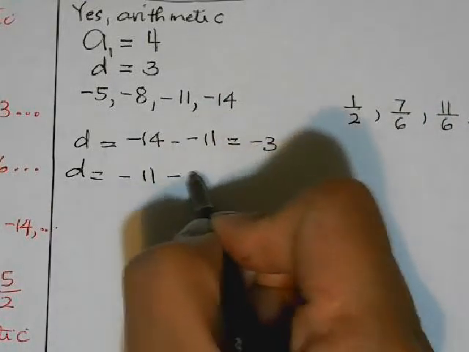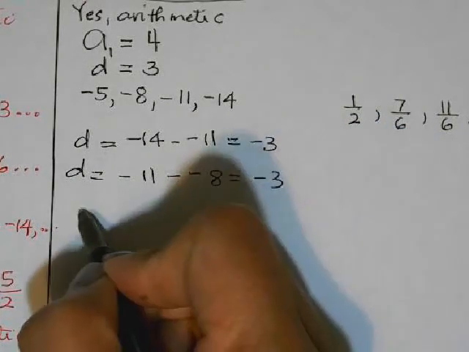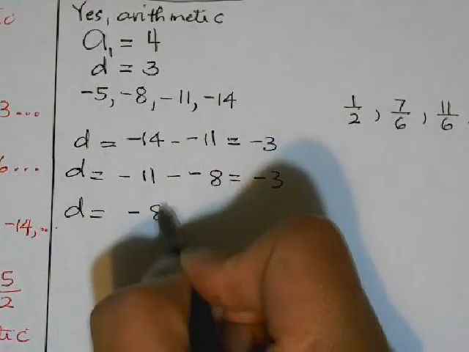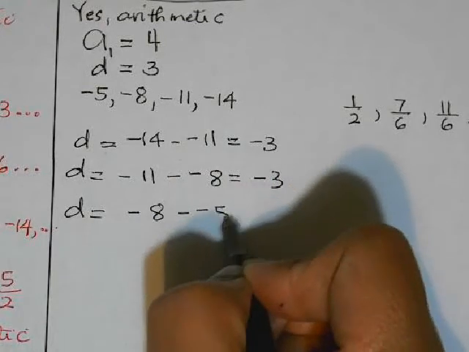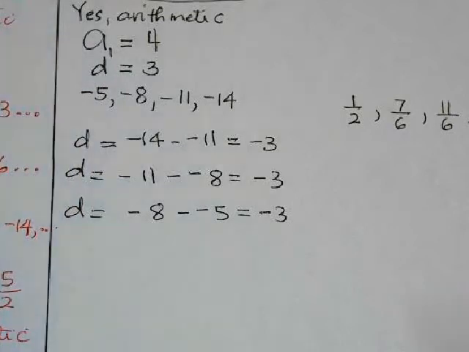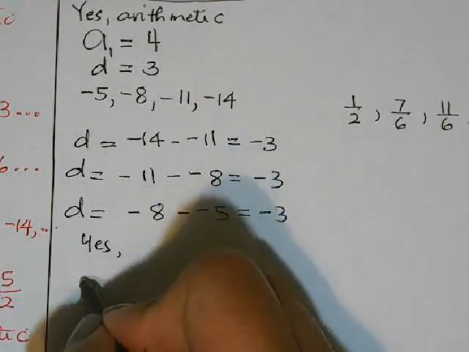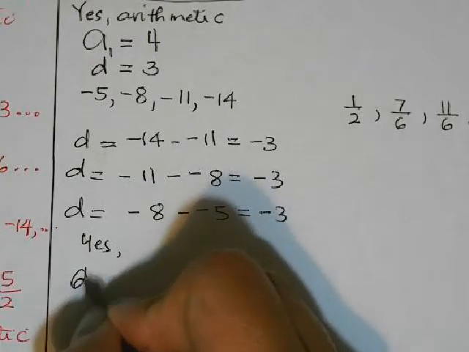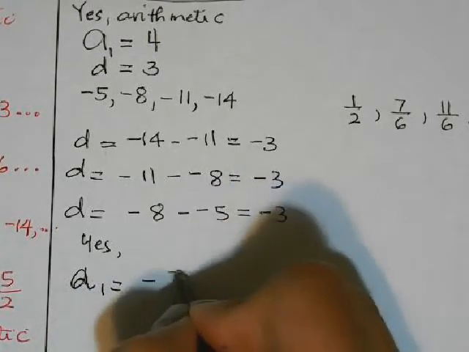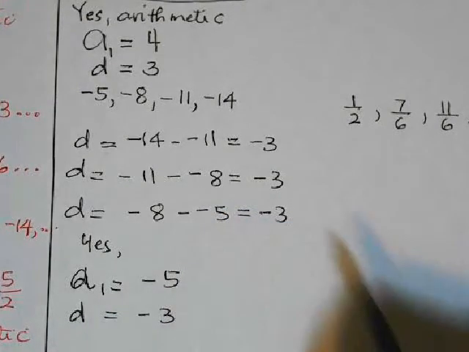Negative 11 minus negative 8, so that's also negative 3. And negative 8 minus negative 5, so that will also be negative 3. So yes, this is arithmetic, and a sub 1 is equal to negative 5, the first term, and d is negative 3.